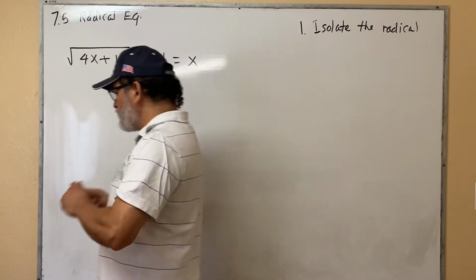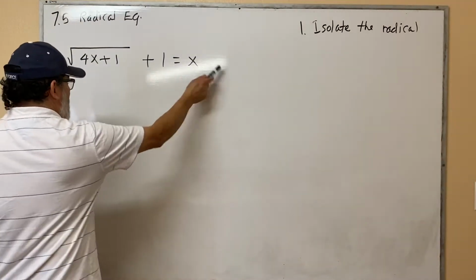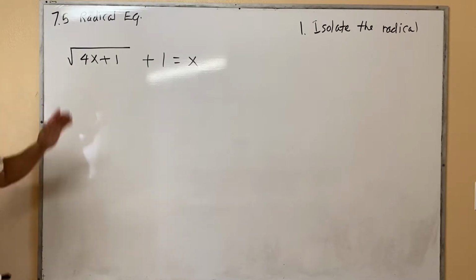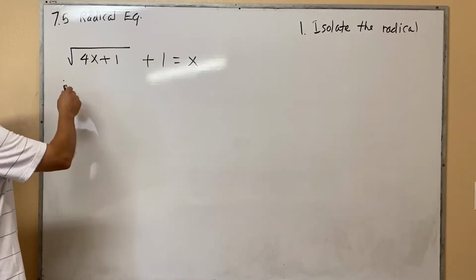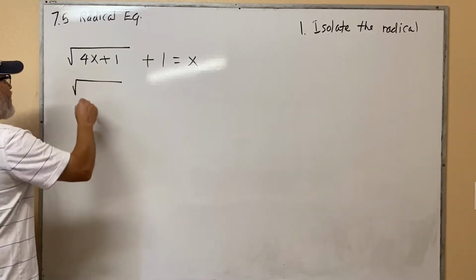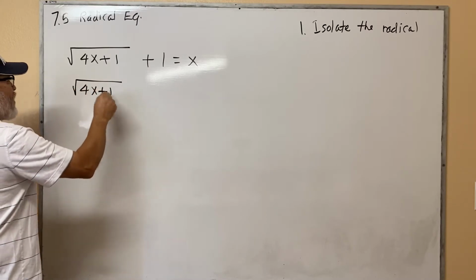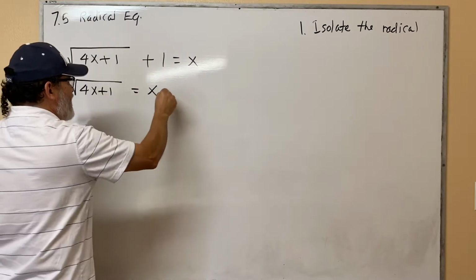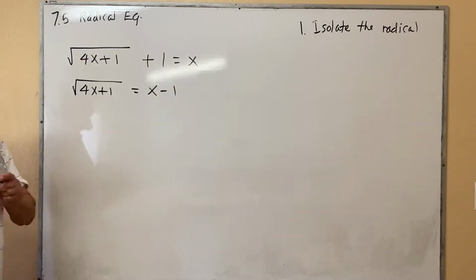Okay. So let's bring this to the right. Get this radical by itself. So we have the following. The square root of 4x plus 1 equals, bring this to the right, x minus 1. That's your step number 1.